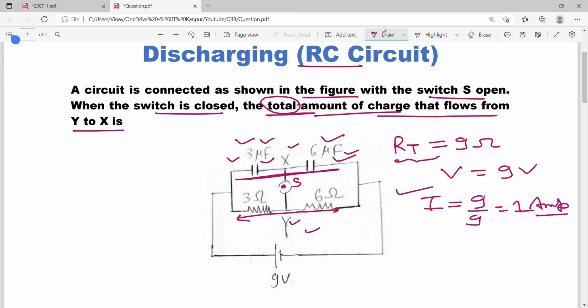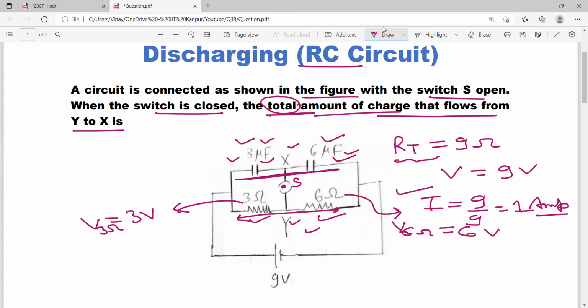1 ampere current will be here, 1 ampere current will be here. Tell me what is the voltage across the 3 ohm resistor? It is equal to IR, that would be 3 volt. And what would be the voltage across this 6 ohm resistor? V is equal to IR again, 6 volt.